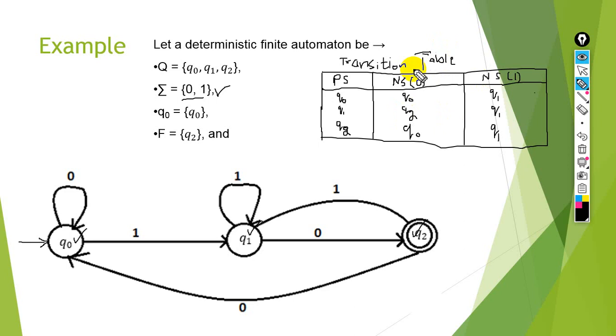So this is the transition table for this DFA diagram, and each and every state has a transition for 0 and 1.